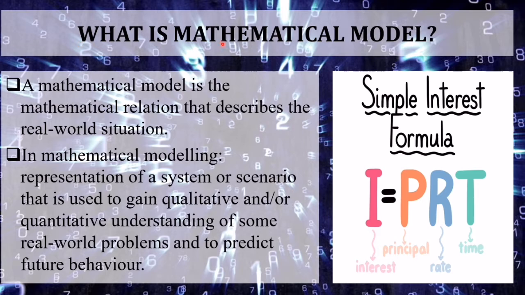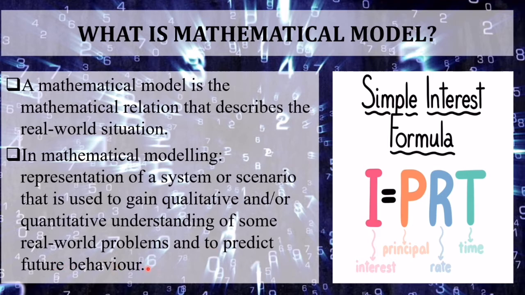What is a mathematical model? A mathematical model is the mathematical relation that describes the real-world situation. In mathematical modeling, a mathematical model is a representation of a system or scenario that is used to gain qualitative and/or quantitative understanding of some real-world problems and to predict future behavior.